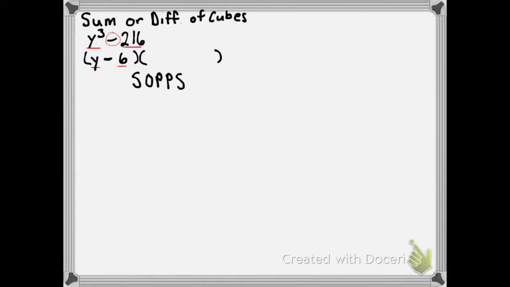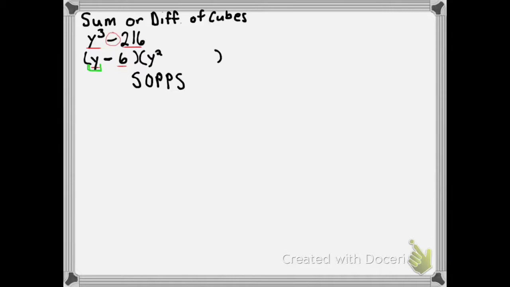And so the first S means square, because our first term in our trinomial is going to be this term squared. So we square y, we get y squared.